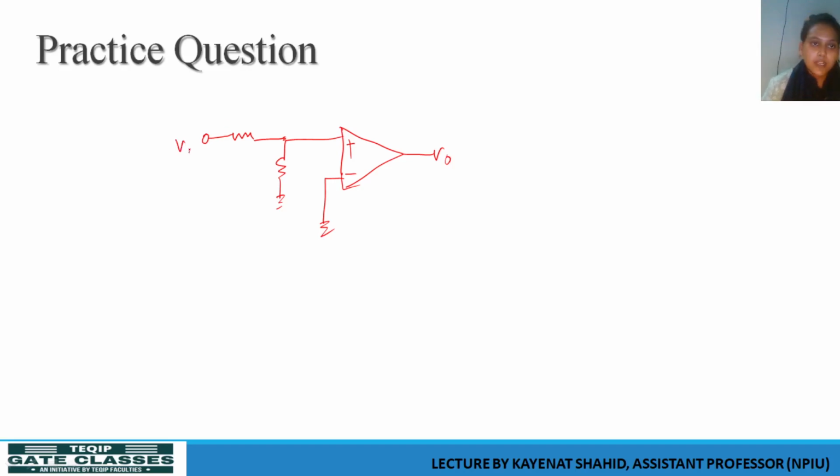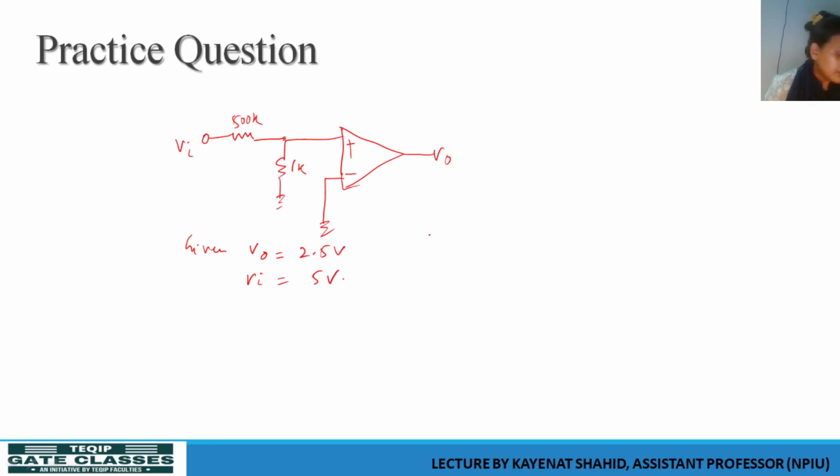This was VI, with 500k given, this was 1k, and this is grounded. VO was given as 2.5 volt and VI was given as 5 volt, right?